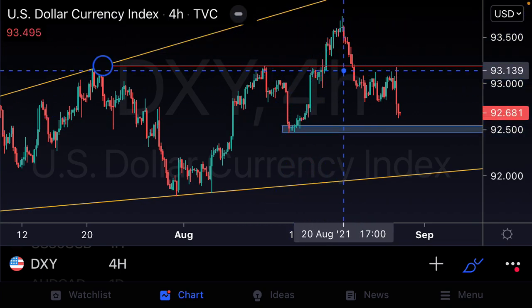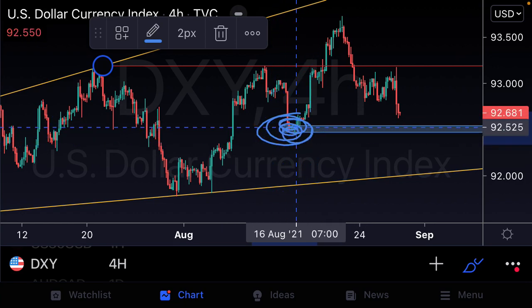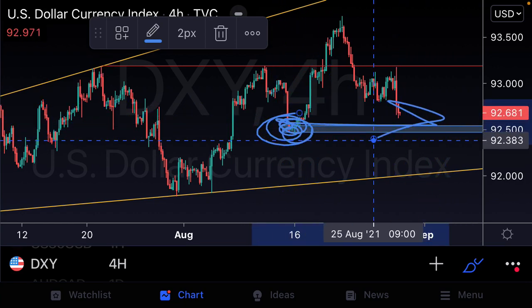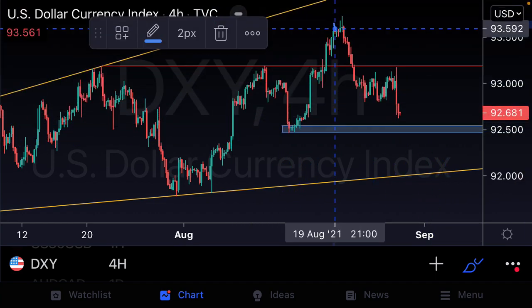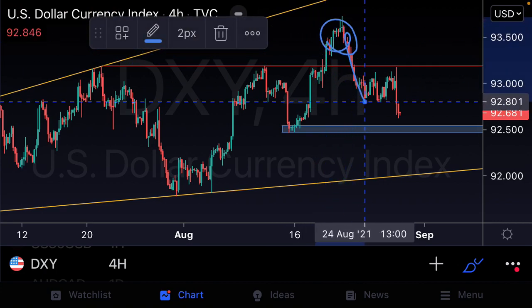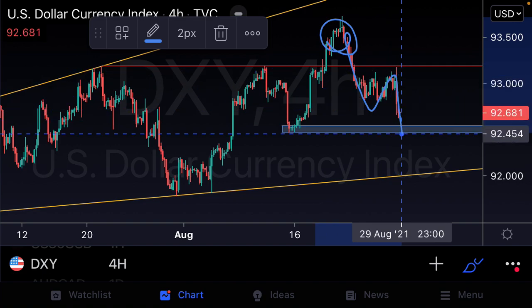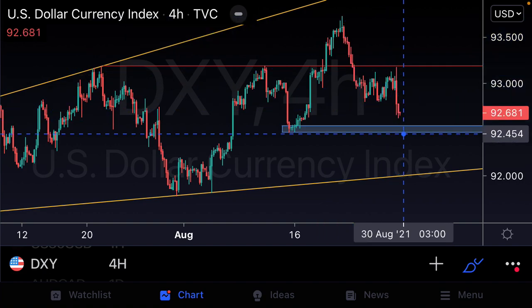We've then seen a lower high, and we've now seen prices giving us a lower low. So yes, prices are still bullish from a 4 hour perspective as long as we remain above this resistance area over here, this previous support structure over here.